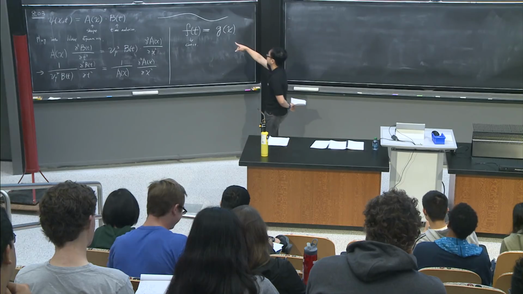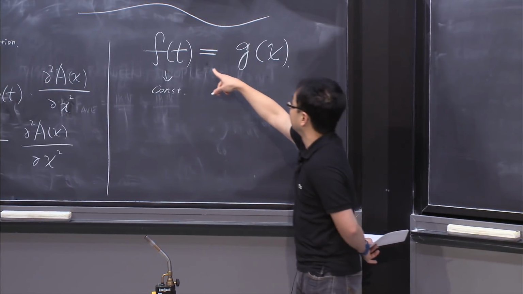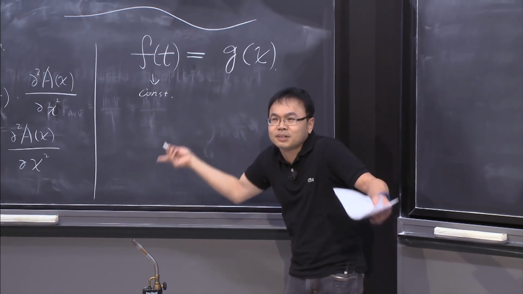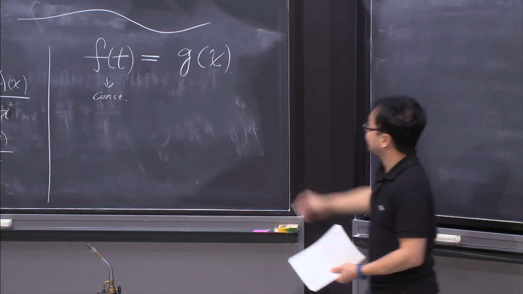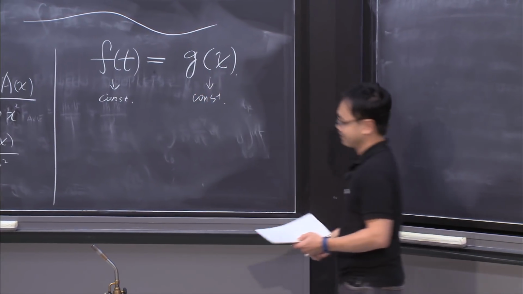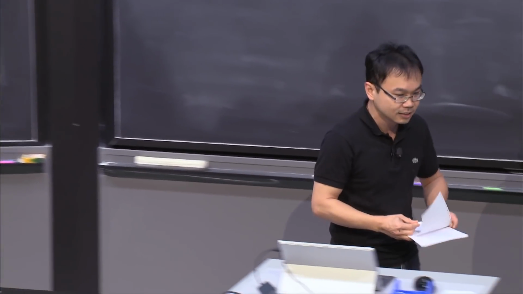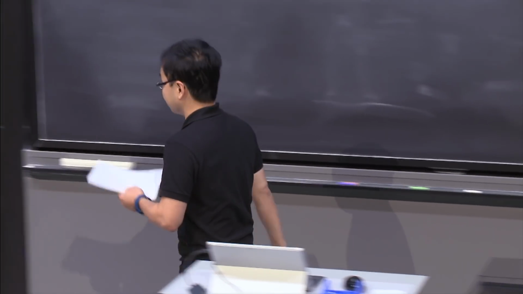If this function is changing as a function of x, then I'm screwed because it doesn't work, right? Therefore, it has to be a constant as well. Constant is equal to a constant. That's really lovely.